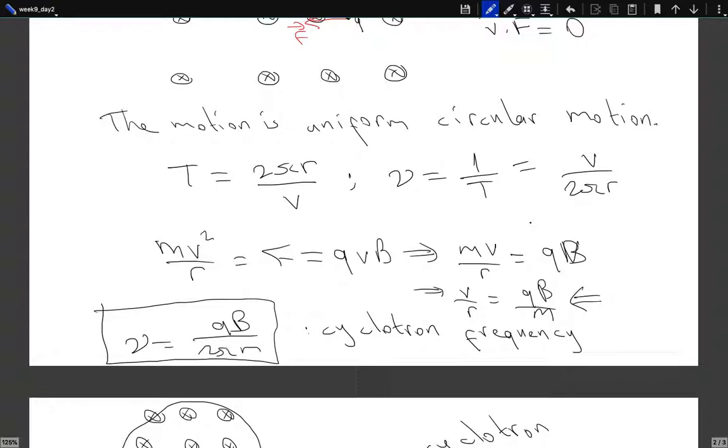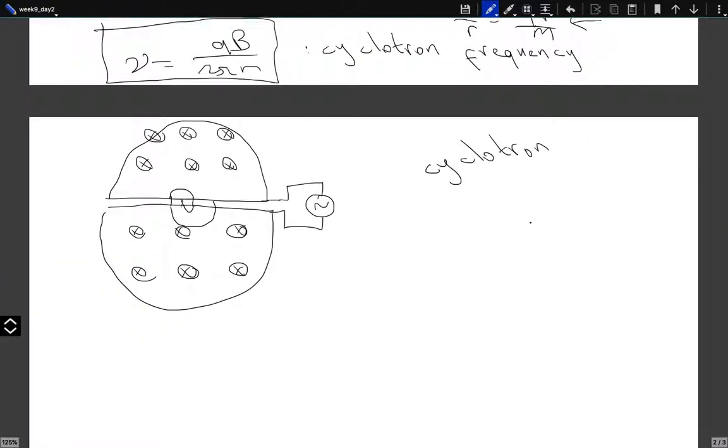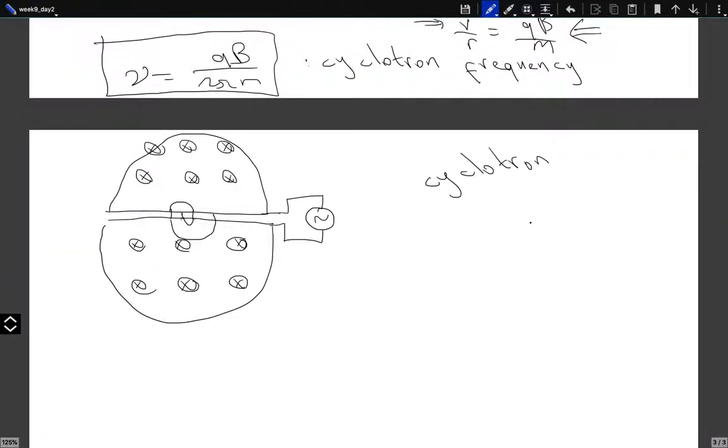So basically, the magnetic field exerts a force perpendicular to the velocity. It's always perpendicular to the velocity. So it cannot really change the speed of the object. It can change the velocity, but not the speed. Now, what about the work done by a magnetic field? How can we write down the work done by the magnetic field?